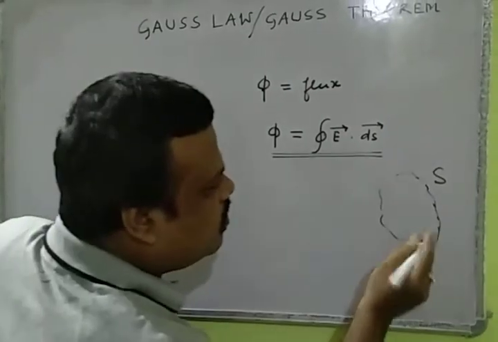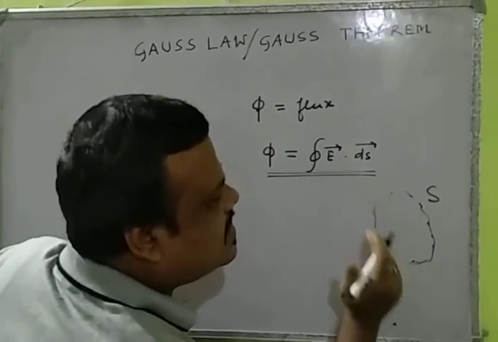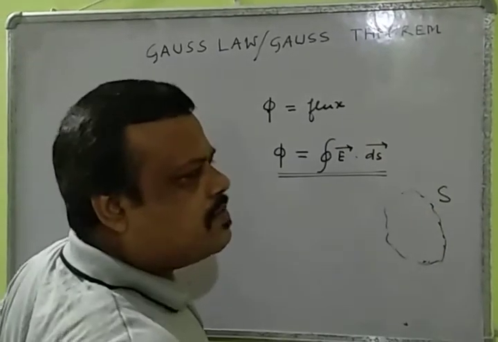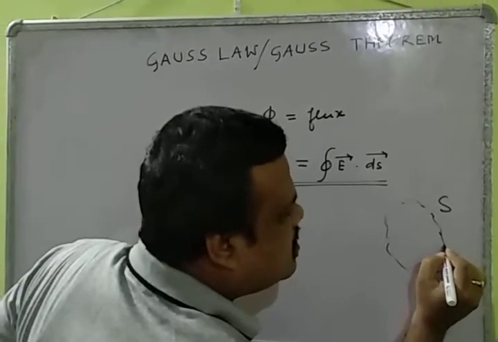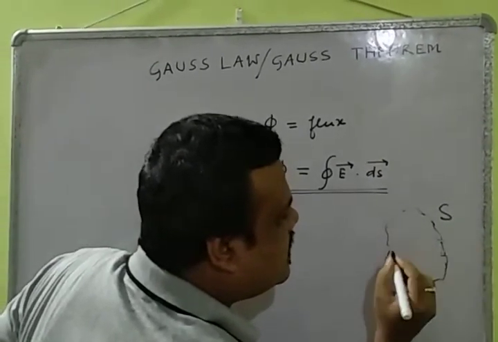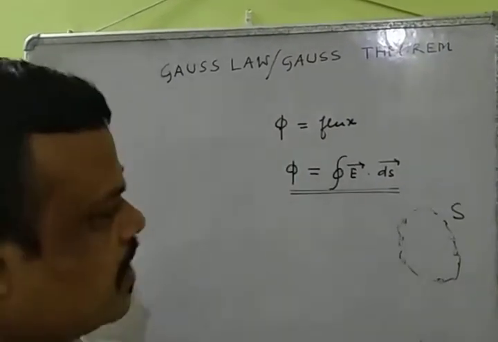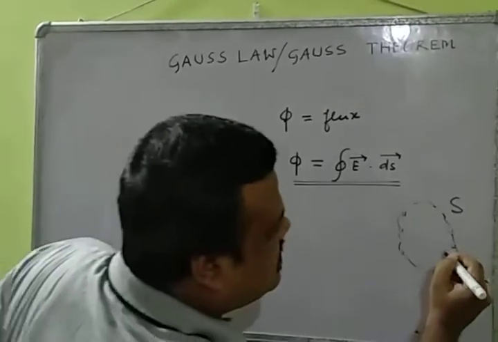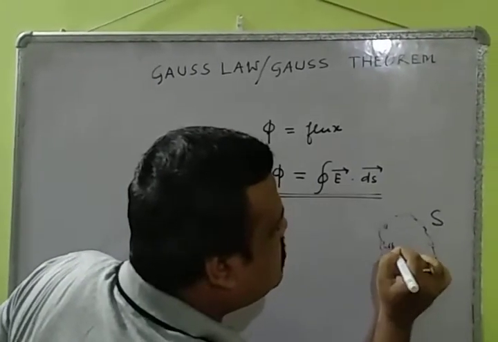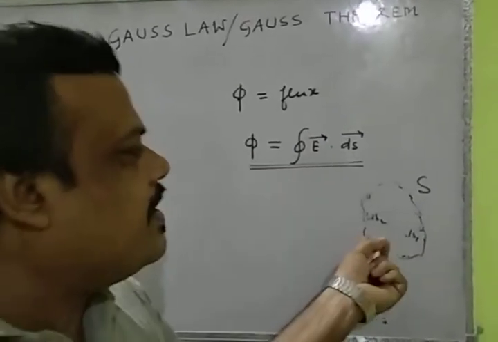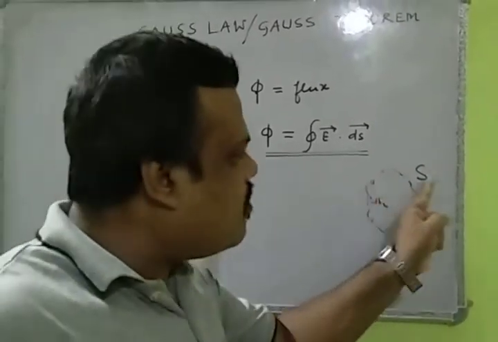So what we can do is divide this surface into numerous very small surfaces dS. Suppose this is dS1, dS2, and so on.